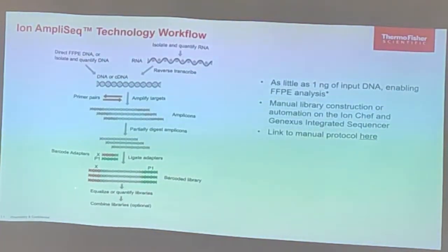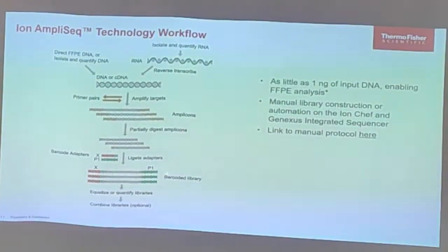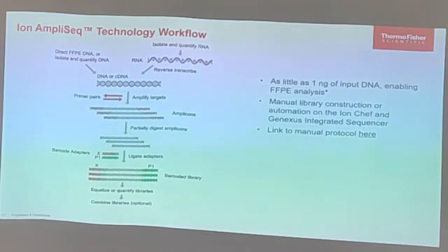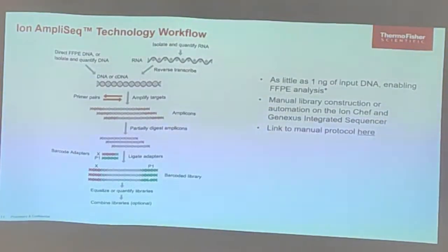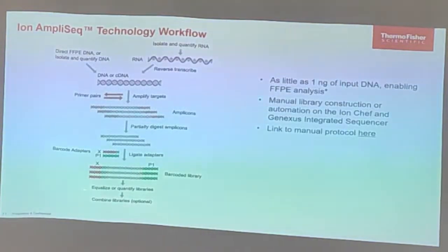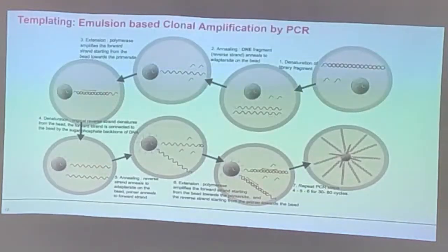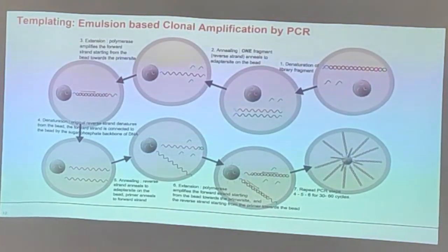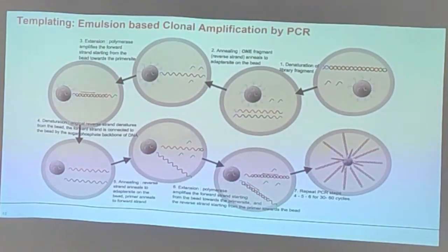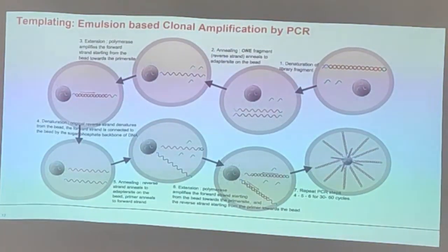After the adapter ligation, the P1 and barcode ligate on this side, and this part has the X1 adapter. Now this adapter is complementary with the ISPs. That's how your library molecules get attached to the ISPs.